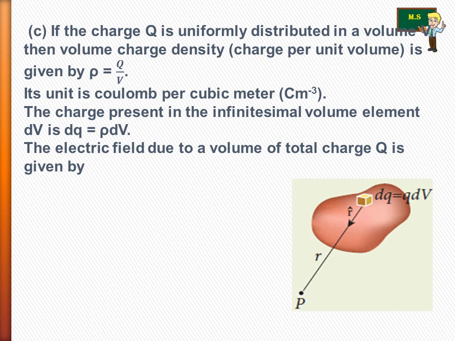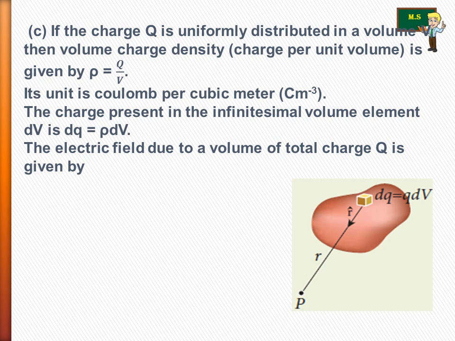How can you find the volume charge density? We have to find the charge per unit volume, and the expression for the charge per unit volume is rho equal to Q by volume V. That means coulomb per cubic meter, C m minus 3.